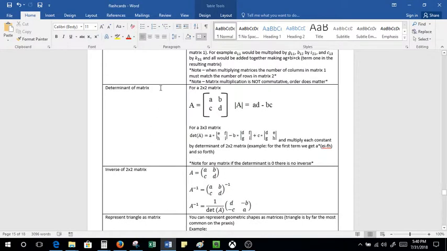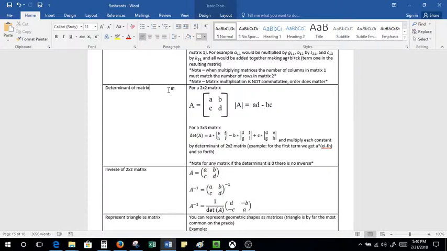Alright, for the determinant of a matrix, this does not stand for absolute value, it just stands for determinant. So note that. If we're going to take the determinant of matrix A, we would do AD minus BC.